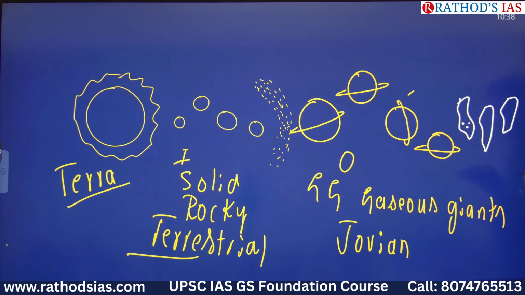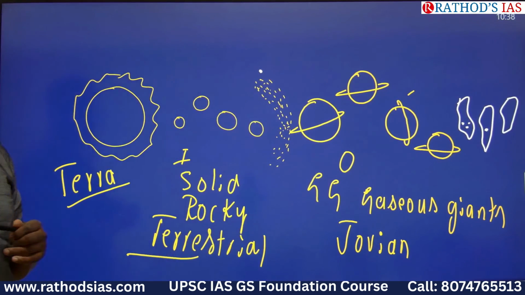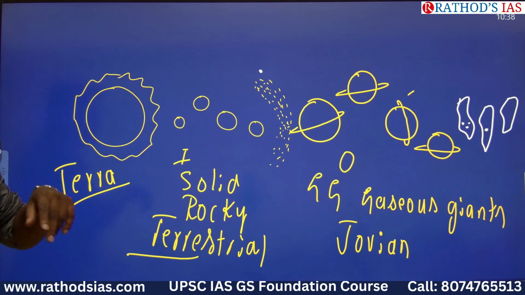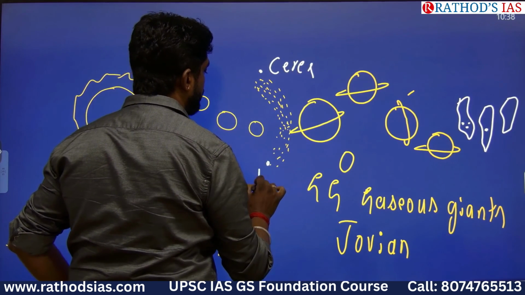And in SDO there is Eris. But the remaining 2 dwarf planets are not after Neptune. They are in the region called the asteroid belt. Ceres is in the asteroid belt, and Hygiea is also in the asteroid belt.